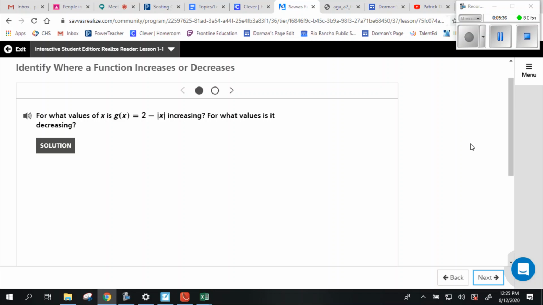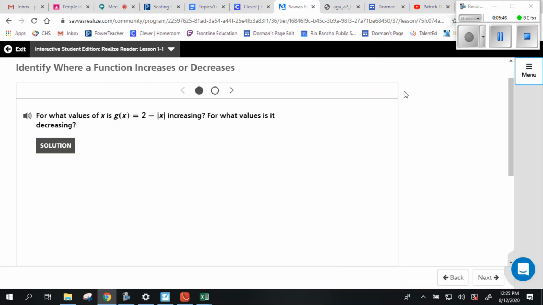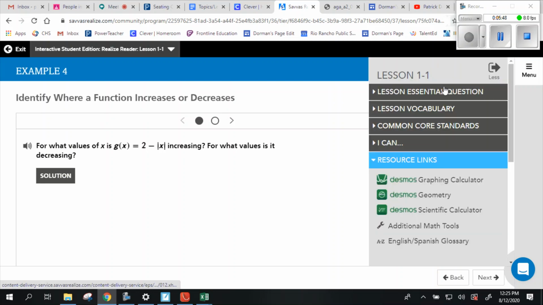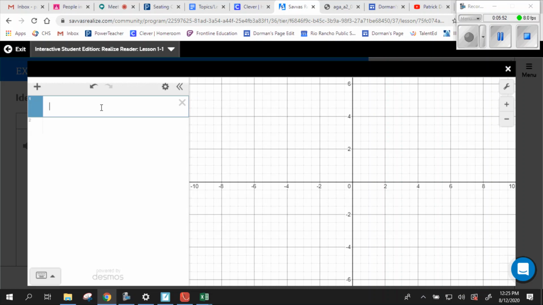Again, I'm going to get out my graphing calculator. Let's graph this: 2 minus abs for absolute value of x. And that's what that is going to look like.